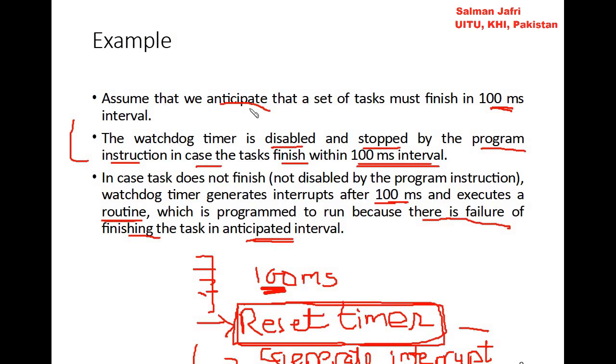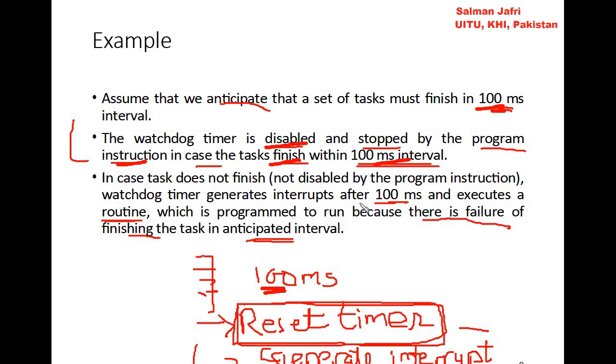So for example, if we anticipate that a set of tasks must finish in a 100 millisecond interval, the watchdog timer is disabled and stopped by the program instruction in case the tasks finish within 100 milliseconds. Okay.